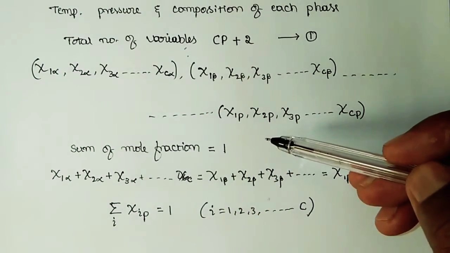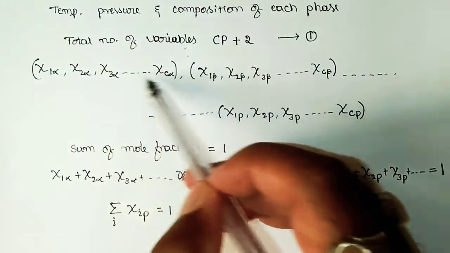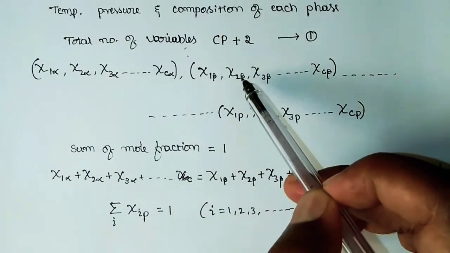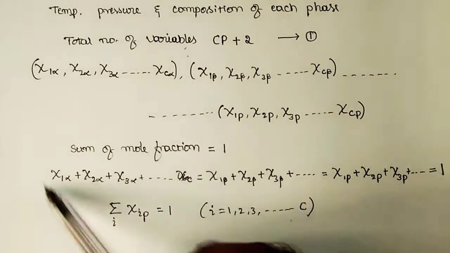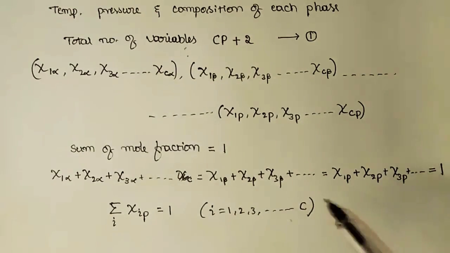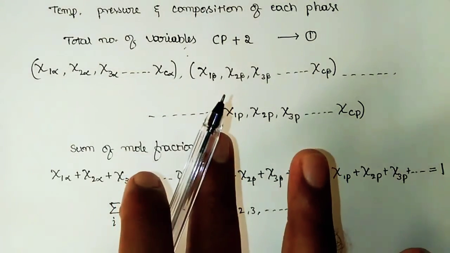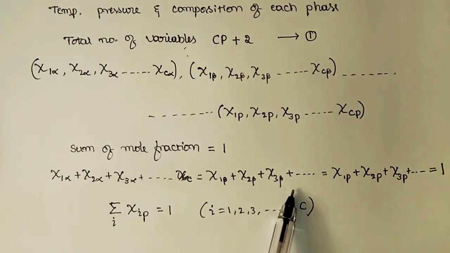And you can notice over here, for the alpha phase we have an individual equation for the mole fraction, for beta phase we have the individual equation, for gamma phase we will have an individual equation. Similarly, for P phase we have an individual equation. So for all the P phases, if you consider them separately, there are P number of relations of this particular type we can write.